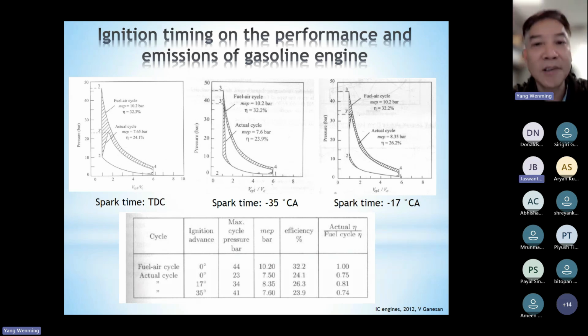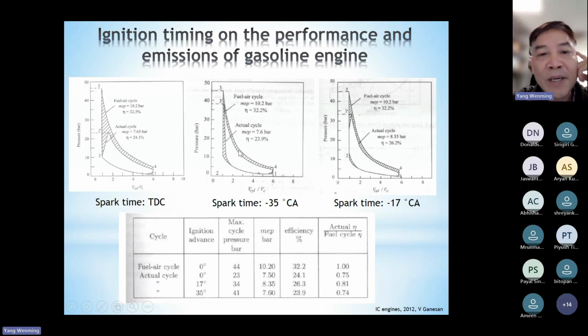Okay, good. Yes, because in this case, if the spark timing is too early, a lot of fuel will be burned before TDC, correct? And the pressure in the cylinder will increase during the compression stroke. As we know, in the compression stroke, the work done is negative, correct?